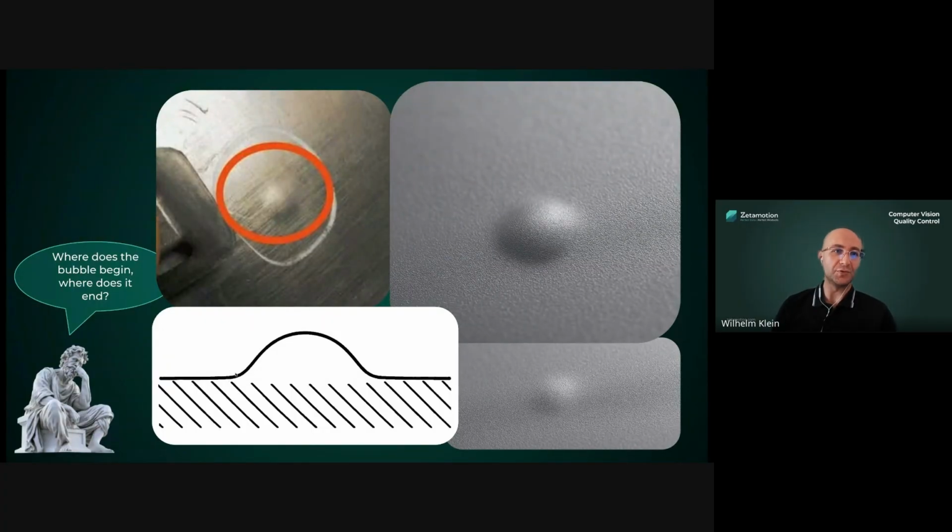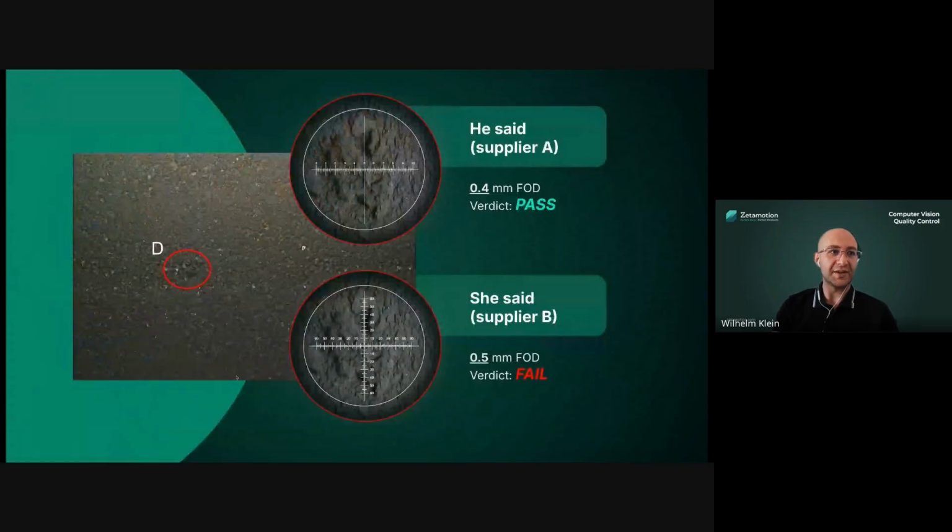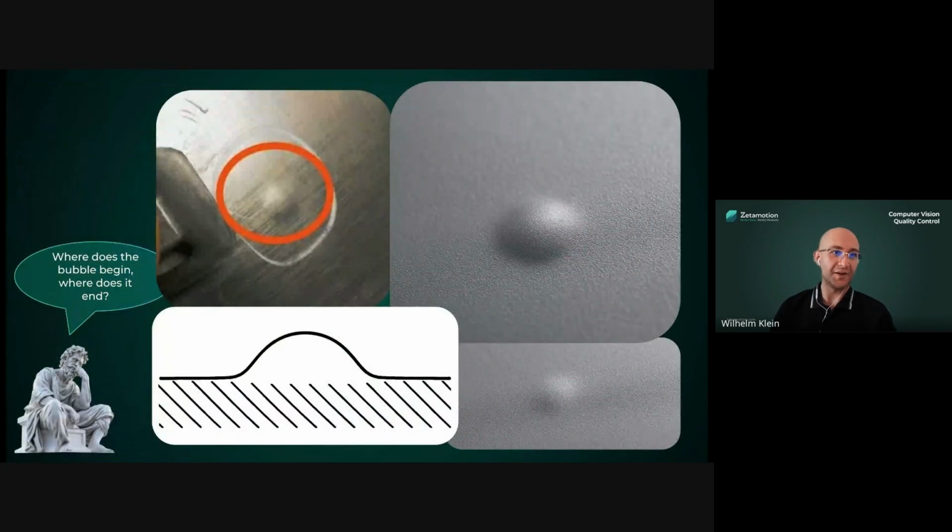But if you are looking for perfection as the customer, you might say, no, the bubble begins at the very beginning of the bubble. So when you look at this picture again, you have quite the difference. One might define this bubble as a pass, and the other one might define it as a fail. And that gets us into this defect consensus problem.